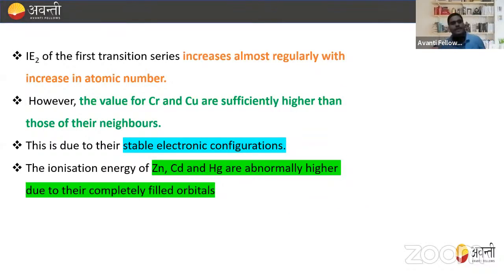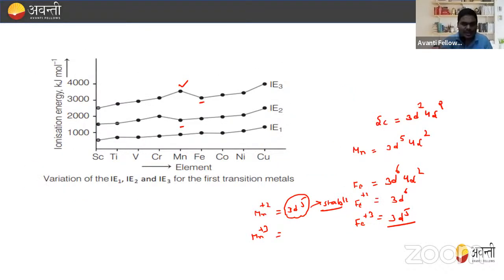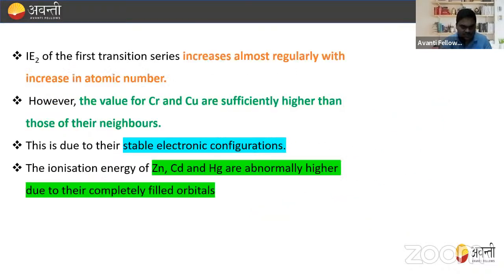Now, IE2 of the first transition series increases almost regularly with the increase in atomic number.